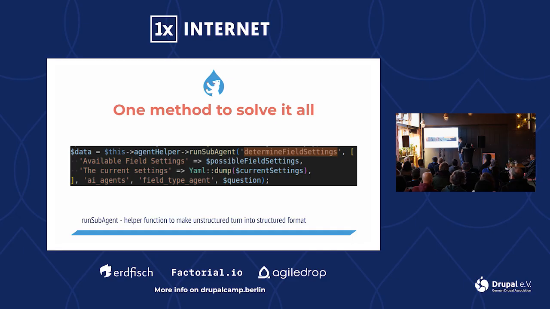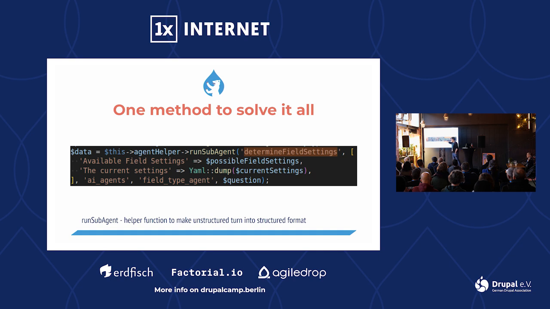There's an agent helper that has a run sub-agent, and basically the first two variables here are important. The first one is pointing to a prompt file that I'm going to show in a minute. The second one is the context that you need to give dynamically. In this case, it's determine field settings. So we're trying to determine the field settings.